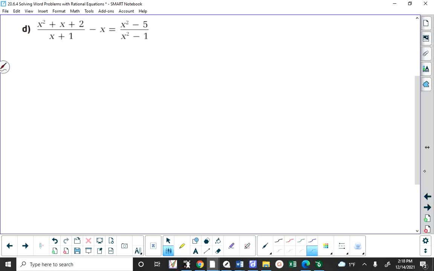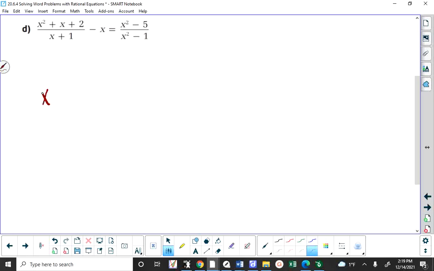It doesn't, by the way. You can't factor x squared plus x plus 2 because there aren't two numbers that multiply to give 2 and add to give 1. But what if it did and one of the factors was x plus 1? Then you would be able to cancel that x plus 1 on the bottom with the x plus 1 on the top, which would make our lives a lot easier, having fewer denominators. But it doesn't.